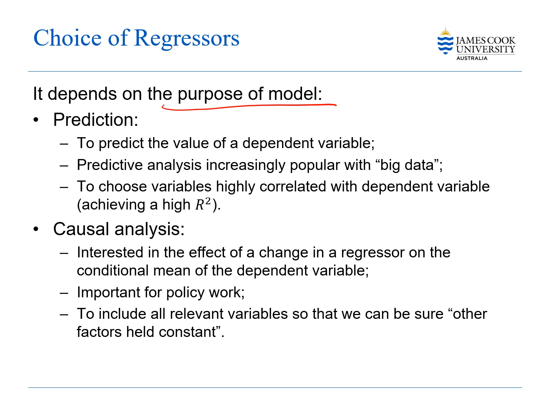So prediction, what do we mean? Here our main purpose is to predict the value of the dependent variable. And this predictive analysis is actually becoming increasingly popular with big data.